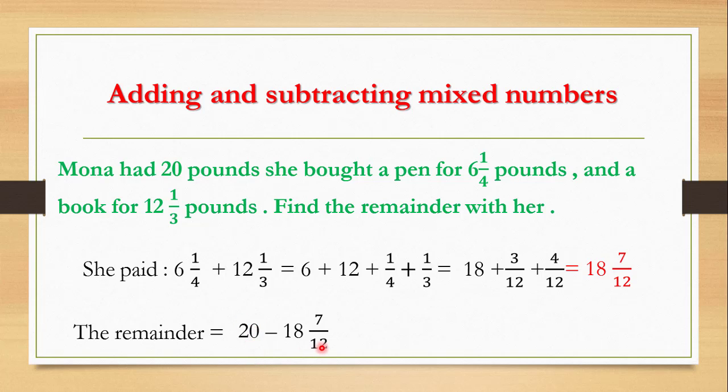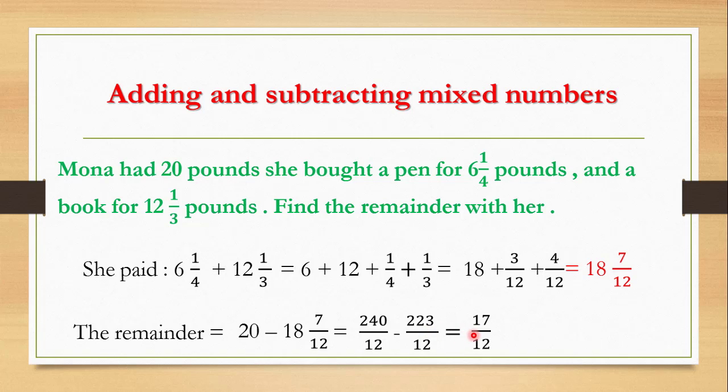I want the denominator to be 12, so I multiply 1 by 12 and 20 times 12. 20 times 12 is 240, so 20 means 240 over 12. And here 18 times 12 plus 7 equal 223 over 12. You can subtract easily, put the same denominator 12 and subtract 240 minus 223.